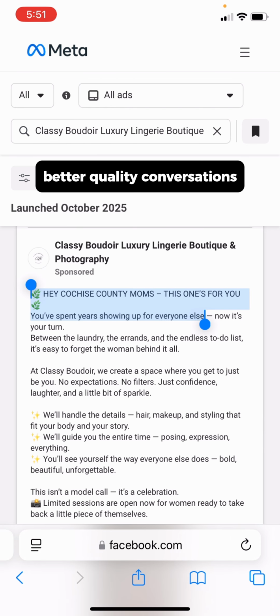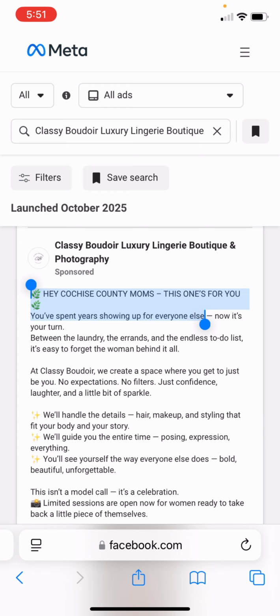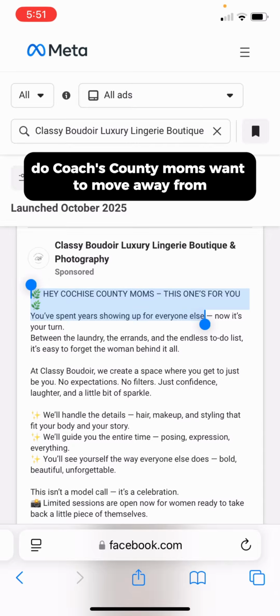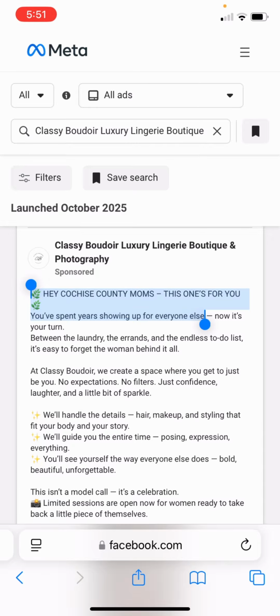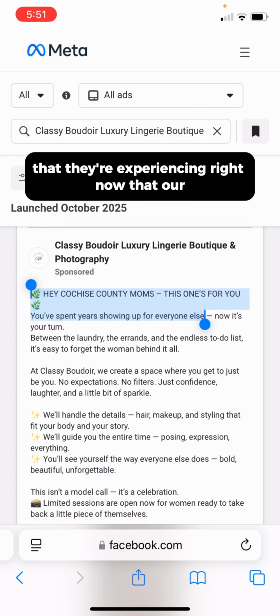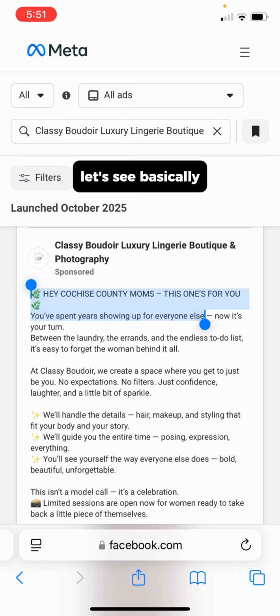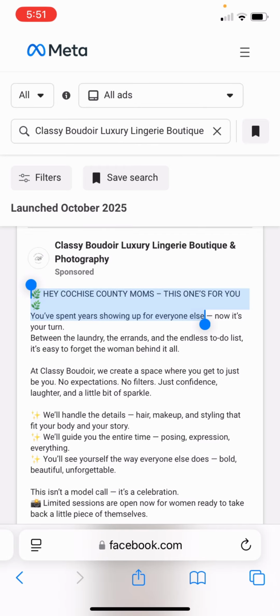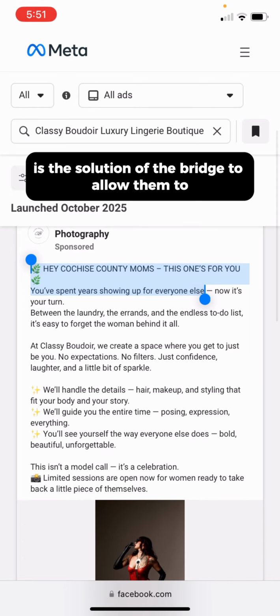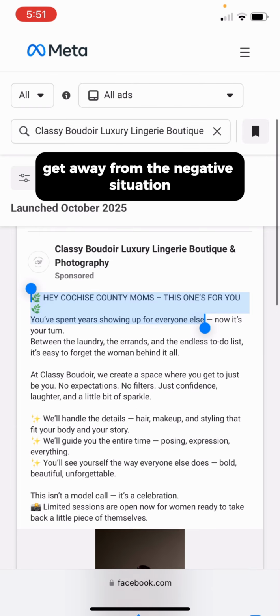All right, the second thing we want to have in the see more headline is a negative. What negative experience do Cochise County moms want to move away from, that they're experiencing right now? Basically, our boudoir photo shoot is the solution or the bridge to allow them to get away from the negative situation.